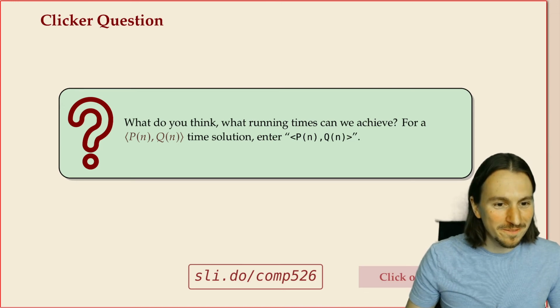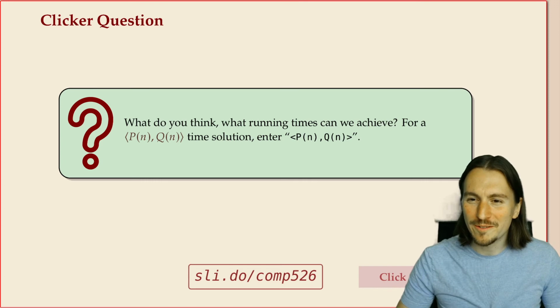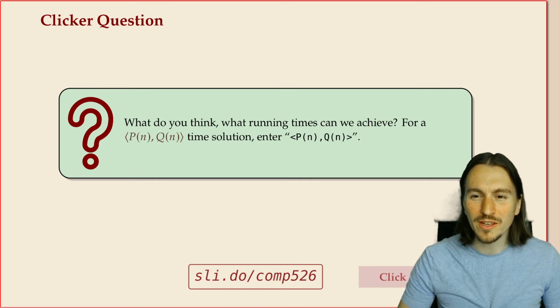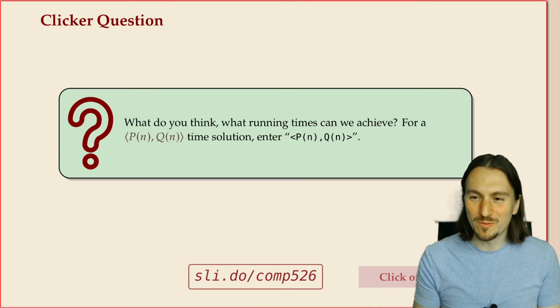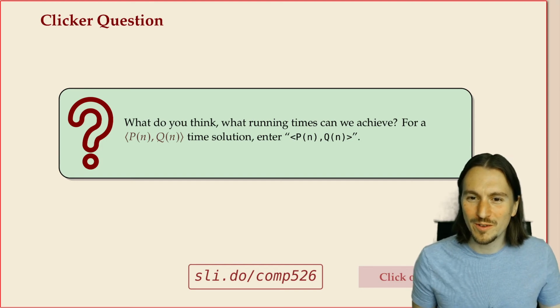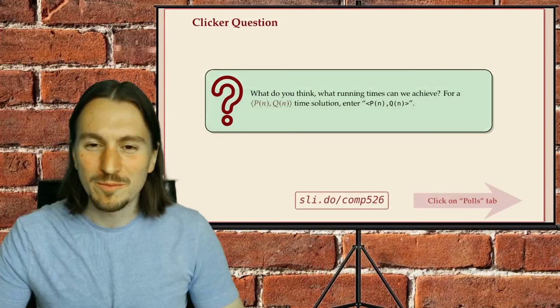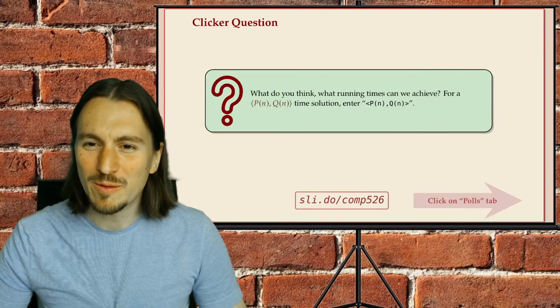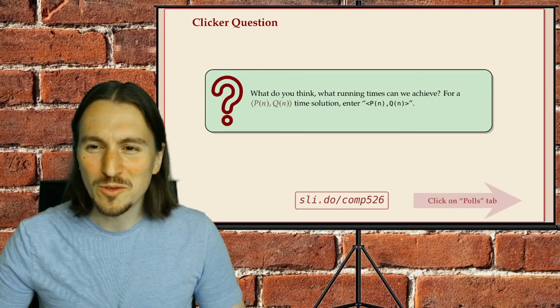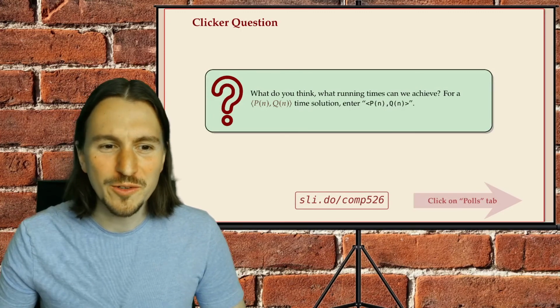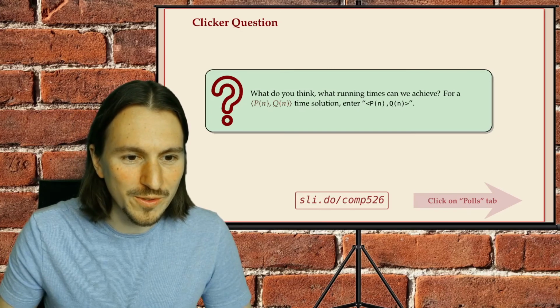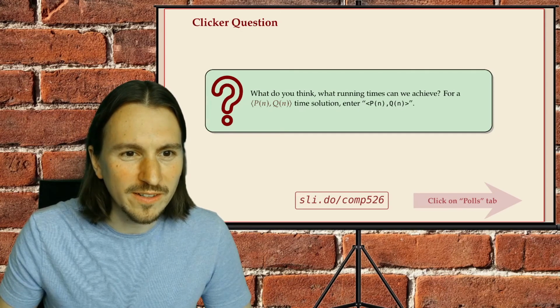So now I want to see just some wild random guesses. What do you think, without knowing the problem, without having really thought about it, without having been given the time to think about it? What combination of P and Q is possible to attain?